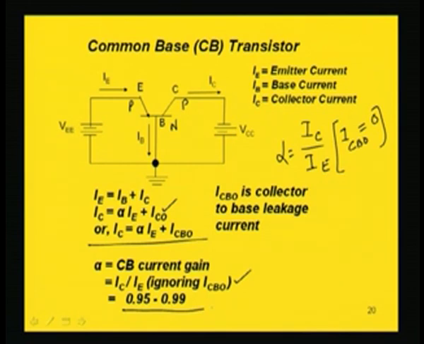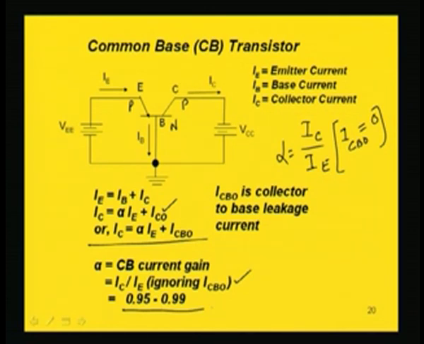That is, maximum 95% of the emitter current can be the current which will be flowing in the collector, that is 5% recombination has taken place in the base region. So, if 5% recombination takes place in the base region, then the rest 95% or 0.95 times IE will be IC, that means 0.05 times IE will be IB.